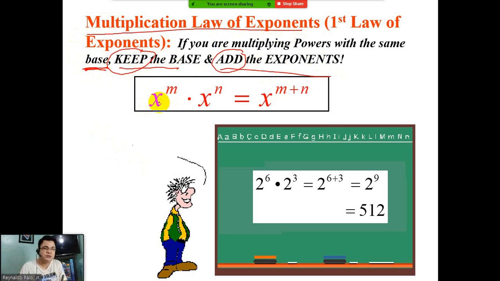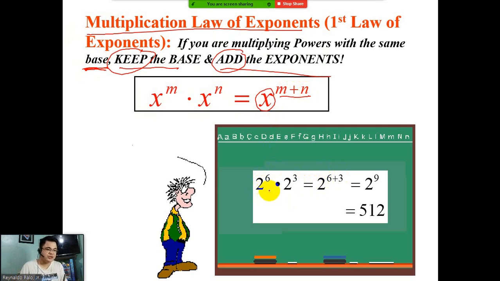Example, if you are multiplying x raised to the power of m times x raised to the power of n, this is equal to x. Copy the base and then add the exponents, m plus n. That's what you're going to do. Example, 2 raised to the power of 6 times 2 cubed is equal to 2 raised to the power of 6 plus 3.